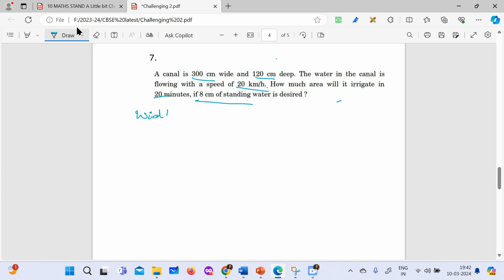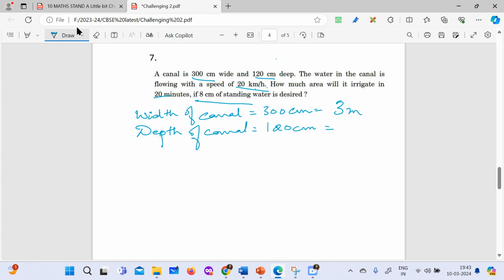So width of canal is 300 centimeter. Since here it is given in kilometer, I'll write here in meter as well. Now the depth of canal is 120 centimeter, which is nothing but 1.2 meter.